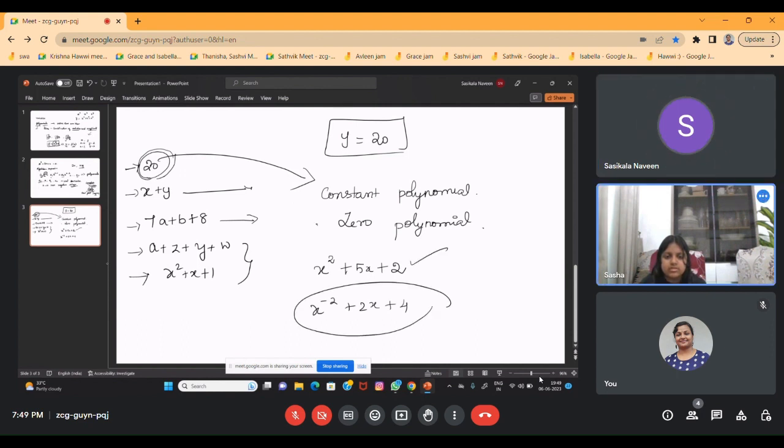Why? Because it doesn't have a negative exponent. The second expression is not a polynomial, because it has a negative exponent. Minus 2 is not a whole number.